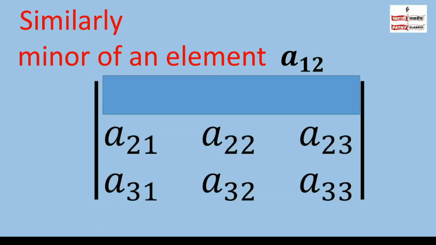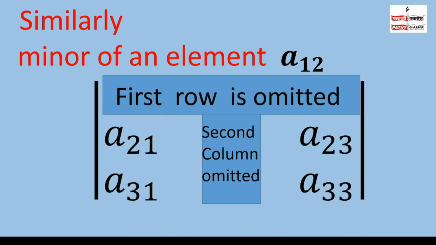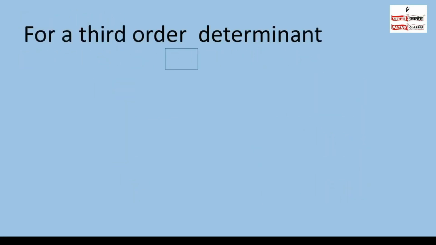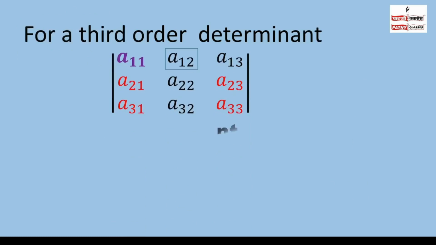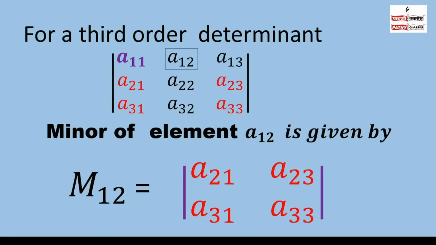Similarly, to find the minor of A12, we omit the first row and the second column, and after that we find the determinant of the rest of the elements. That is, for A12, the minor M12 equals the determinant of A21, A23, A31 and A33.